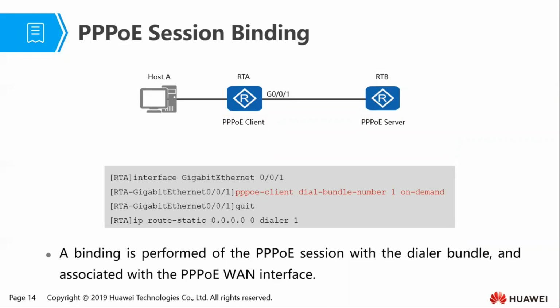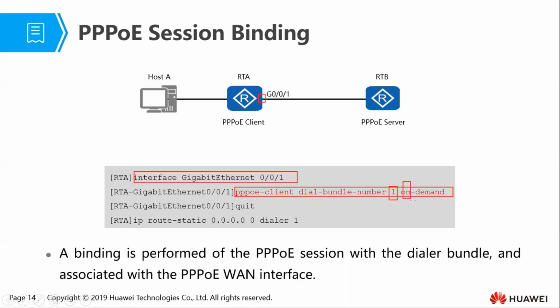Now let's look at the PPPoE session binding. That is what I talked about in the previous slide when I talked about the dialer bundle. On this interface on the client, we want to bind it with the dialer interface we just created. So in RTA, we go into that physical interface, then use the command pppoe-client dial-bundle-number 1, the dialer bundle that we just created.